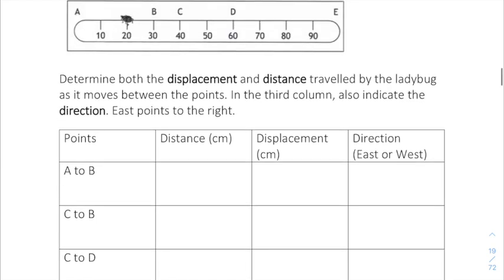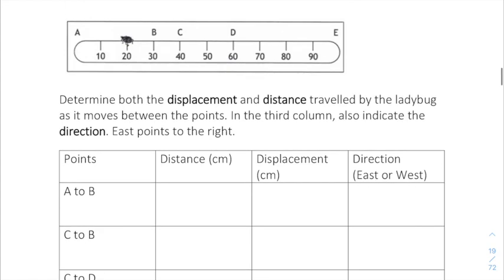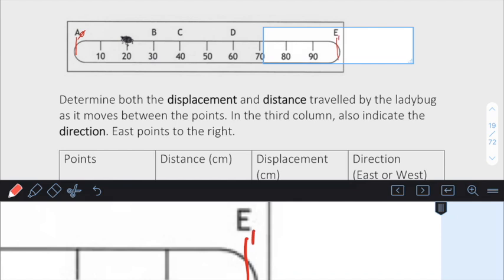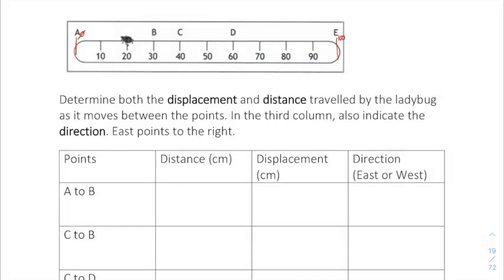Here we want to see what is the distance between A and B. So assuming that A here is at 0, and E will be at the end, which we're going to assume is 100. Okay. So the distance from A to B would be simply 30. We can just count it.